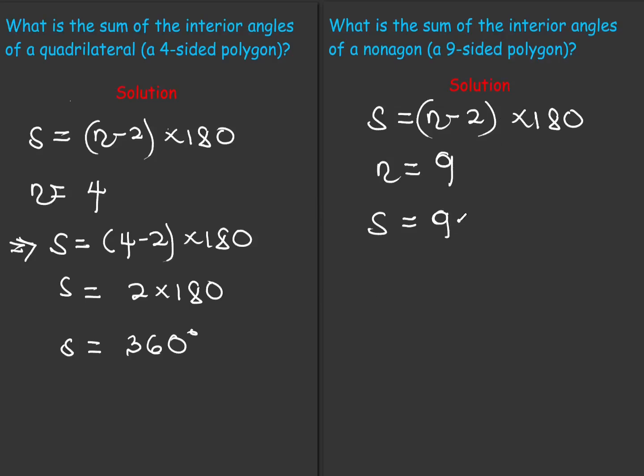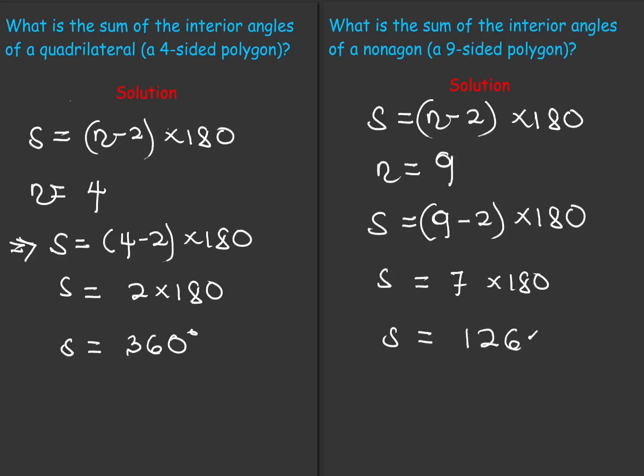So we have 9 minus 2, then times 180. 9 minus 2 gives us a 7. So we have 7 times 180 being the sum of the interior angles. 7 times 180 gives us 1260 degrees.